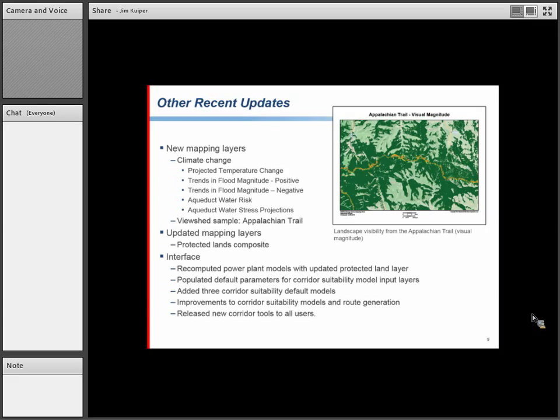So the recent update has to do with increasing the sensitivity of National Park Service jurisdictions, and that includes not only national parks but things like national seashores, battlefields, and a lot of other places that are pretty highly protected from development. And then I'll be showing you a lot of the interface updates today, so I won't dwell on those changes too much at this point.